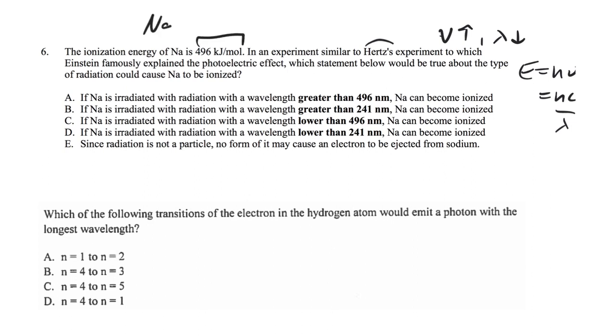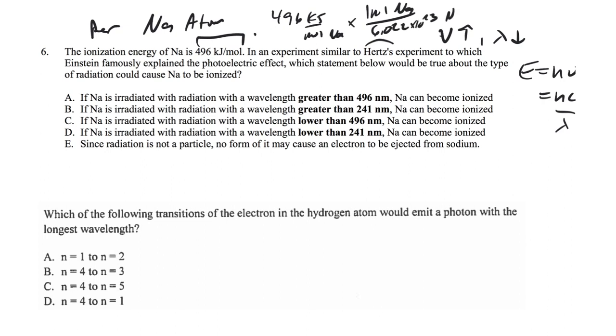So you think per sodium atom. We have 496 kJ per mole. Let's just take that value, 496 kJ per mole, and let's use Avogadro's number. So 1 mole of sodium is 6.022 times 10 to the 23 sodium atoms.